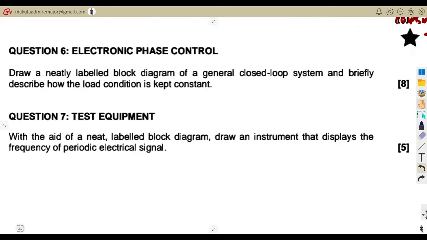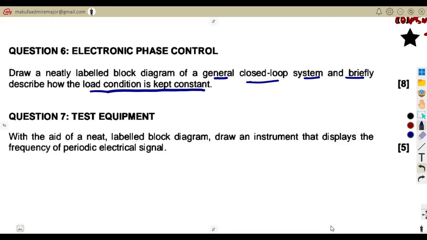You are being asked to draw a neatly labeled block diagram of a general closed loop system and briefly describe how the load condition is kept constant. How do you keep the load condition constant?